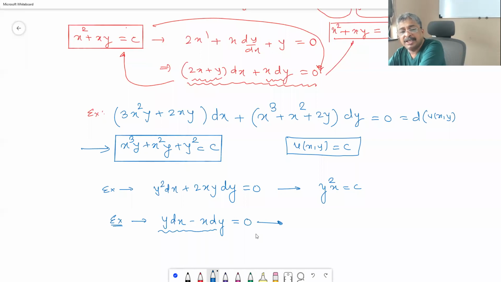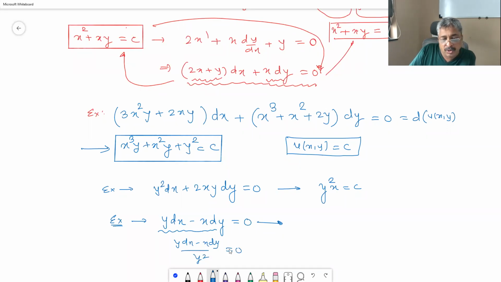And you will see that this equation is not exact because it is not the derivative of a simple looking function. However, very important, if I multiply LHS and RHS by 1 upon y square, that is, multiply by y raised to minus 2, I get (y dx minus x dy) upon y square is equal to 0.